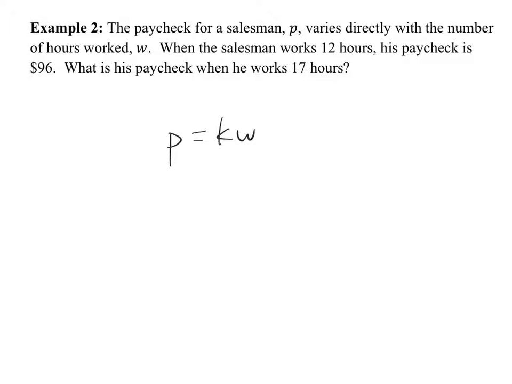All right, good. After that, Luke, what did you do? 96 equals 12K. Why? Because P equals his paycheck, and his paycheck is $96, and W equals hours worked, because hours worked is 12 hours.